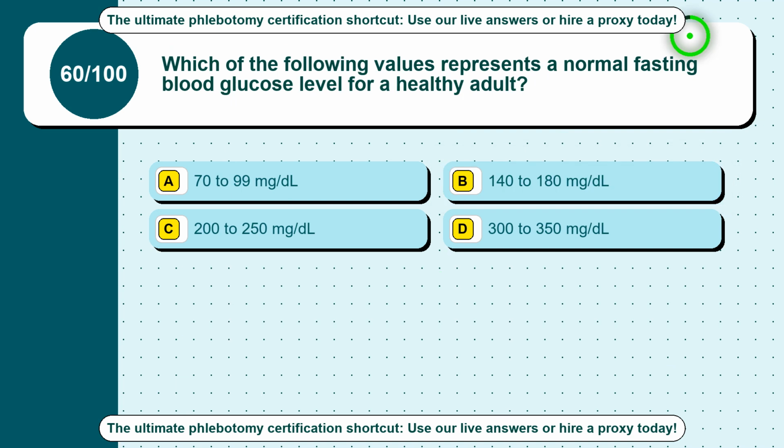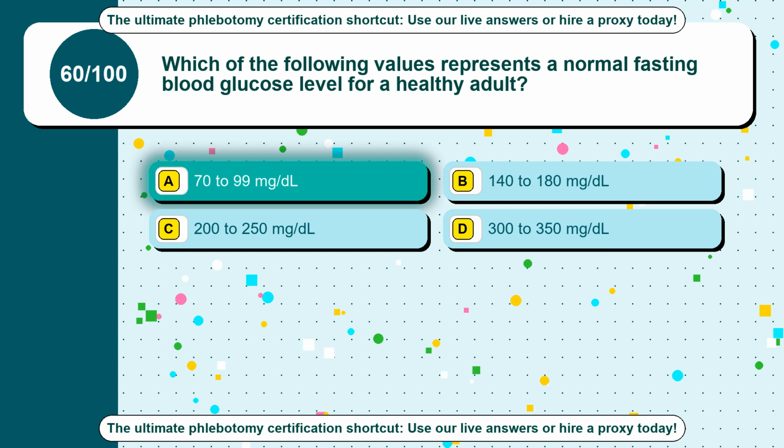Question 60. Which of the following values represents a normal fasting blood glucose level for a healthy adult? Option A. 70 to 99 mg/dL. Option B. 140 to 180 mg/dL. Option C. 200 to 250 mg/dL. Option D. 300 to 350 mg/dL.